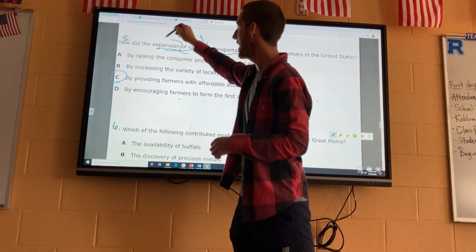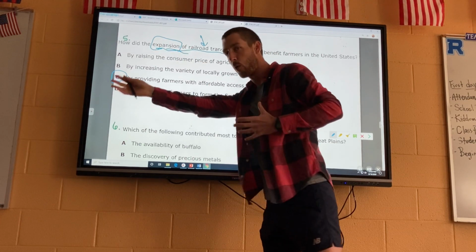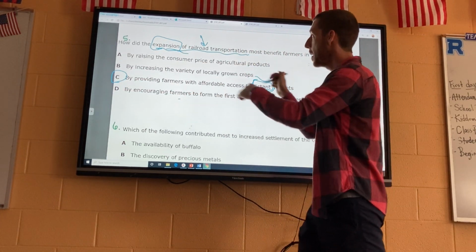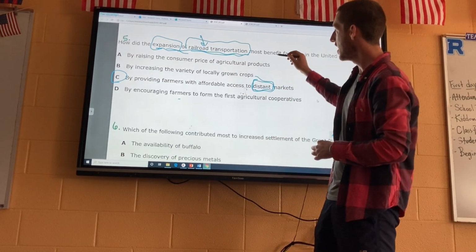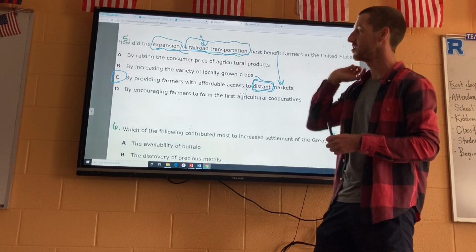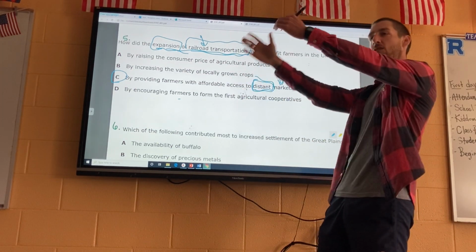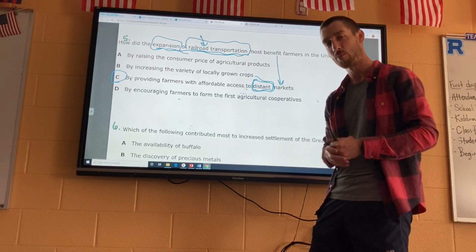You've got expansion, you've got distant, okay? So things are growing and things are getting further away, but the railroad moves things faster and it's going to benefit farmers to have access to more distant markets because they're selling their stuff further away. The more you sell, the more money you make. You got access to more markets, you're going to be making more money.